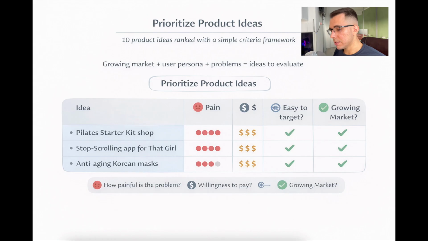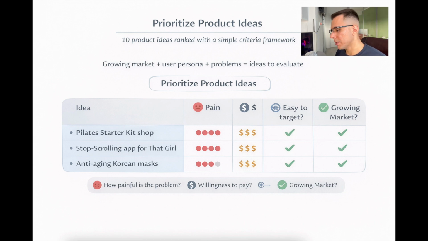The next idea is the stop scrolling app for that girl, and the pain is really big. We live in a society that is driven by social media, driven by endless scrolling and so on. And again, they have the willingness to pay. It's not that easy to target with an app, but it's still manageable. And it's again a growing market. The application market is growing.